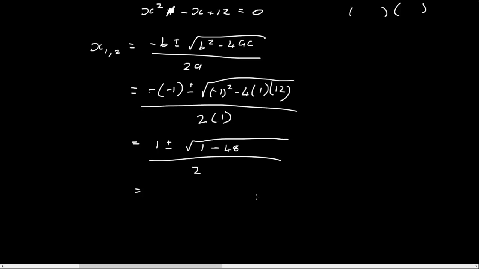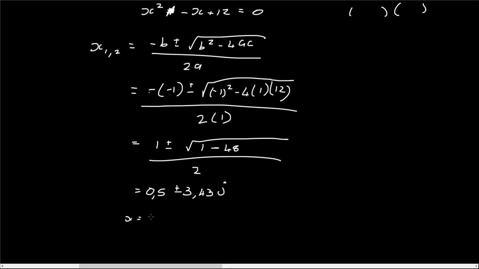So we've got 1 plus or minus the square root of minus 47, over 2, which gives 0,5 plus or minus 3,43j. And there you go, we've solved for x.